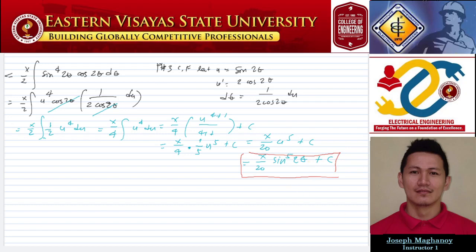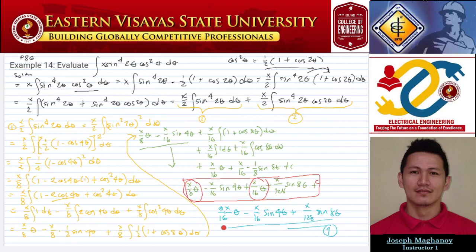Combining our answers, what is our answer for the first term? 3x over 16.